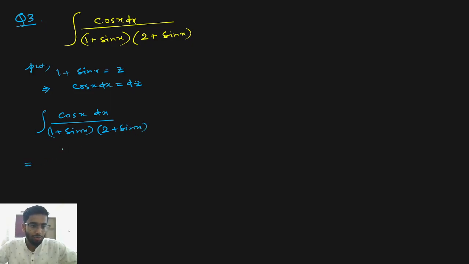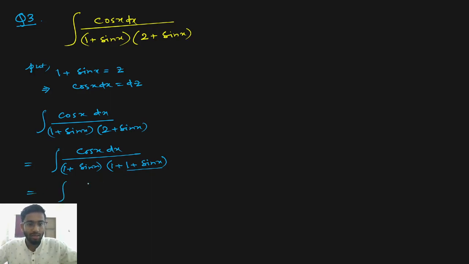So now I am going to put the value of cos x dx and 1 plus sine x. Let me first write that line like that. It will be easier for you to understand. 1 plus sine x. Now 2 plus sine x can be written as 1 plus 1 plus sine x. Why have I written this? Because now I am going to put that value 1 plus sine x.